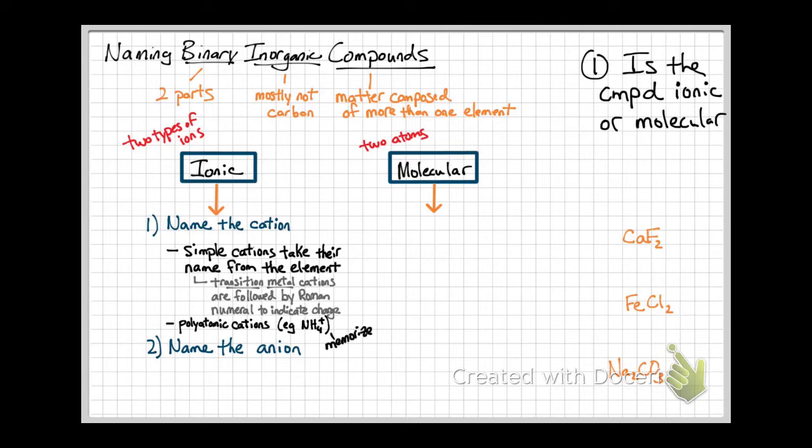The most common example is NH4+, which is the ammonium ion. That's probably one of the few that you'll see in this course, but it's worth memorizing that particular one.